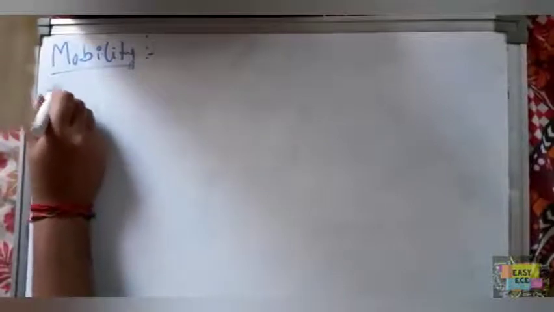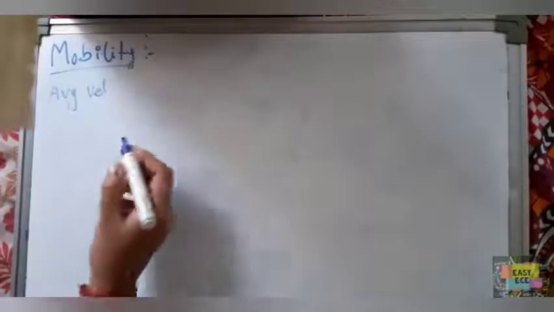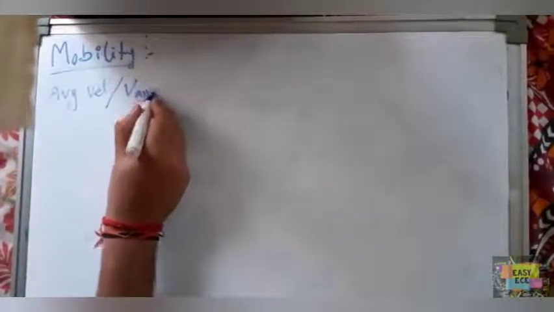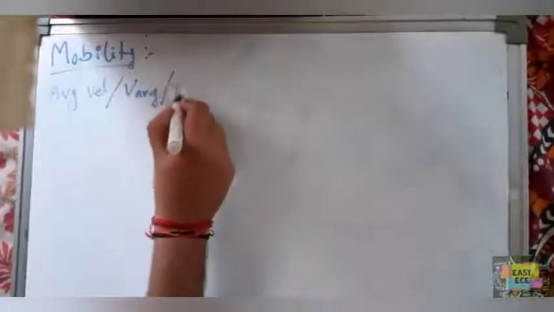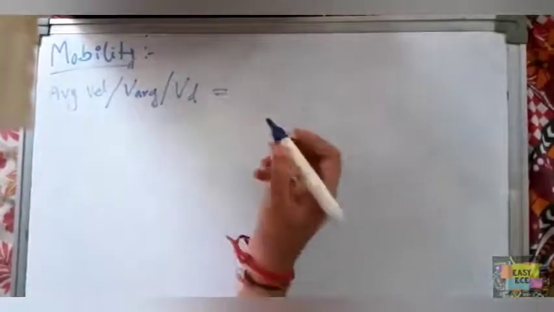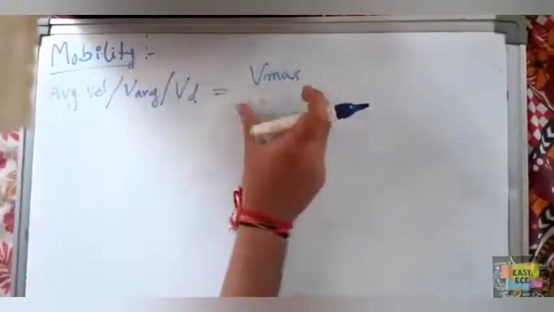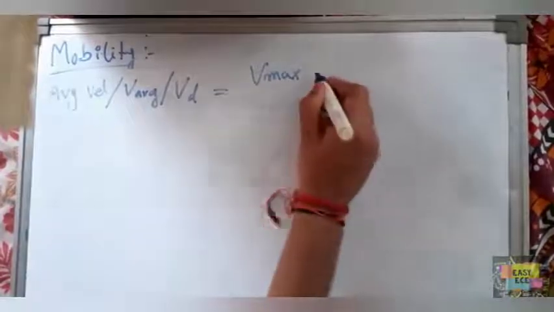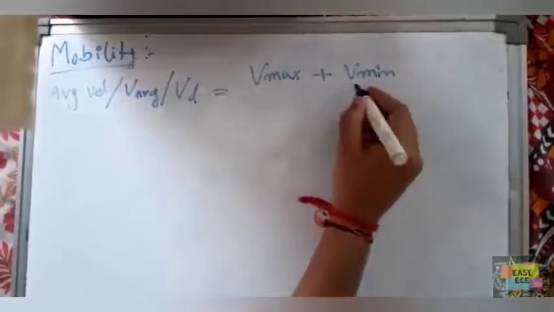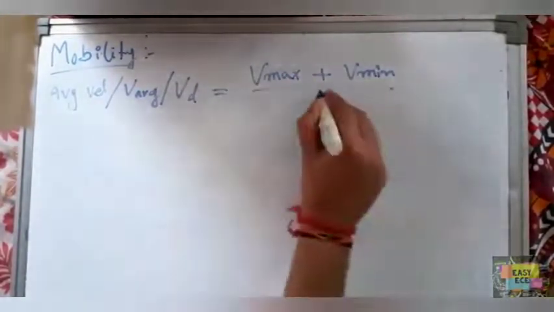The average velocity, V average, or the drift velocity, equals V max, the maximum velocity of the charge carrier, plus V min, the minimum velocity of the charge carrier, divided by 2.